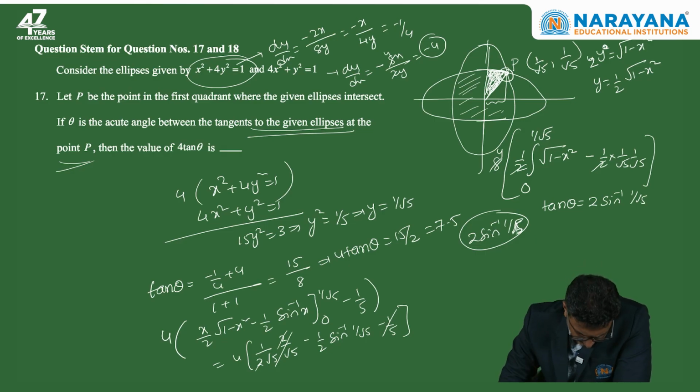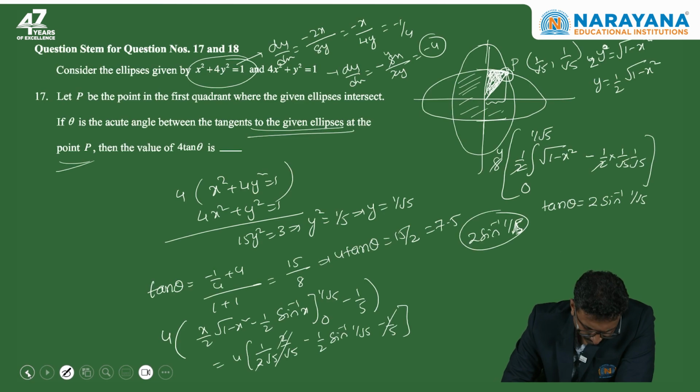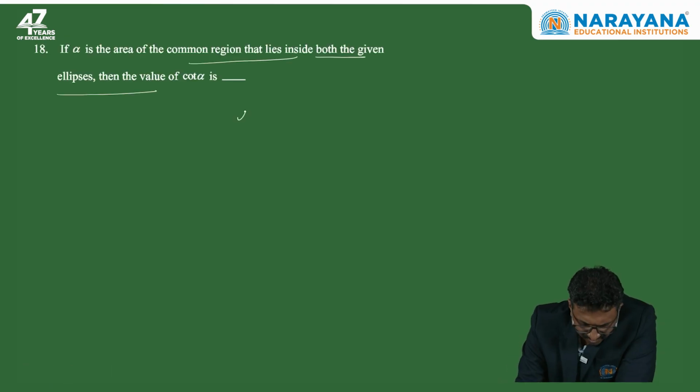You're being asked to find cot alpha. So alpha is equal to 2 sine inverse 1 by root 5. That is 2 tan inverse 1 by 2.